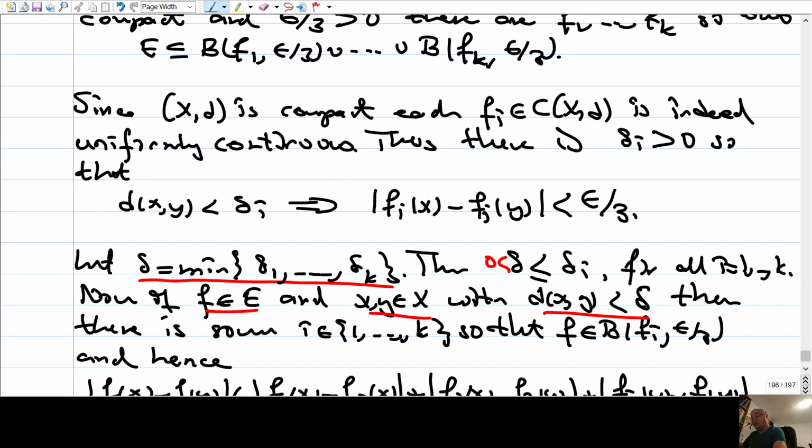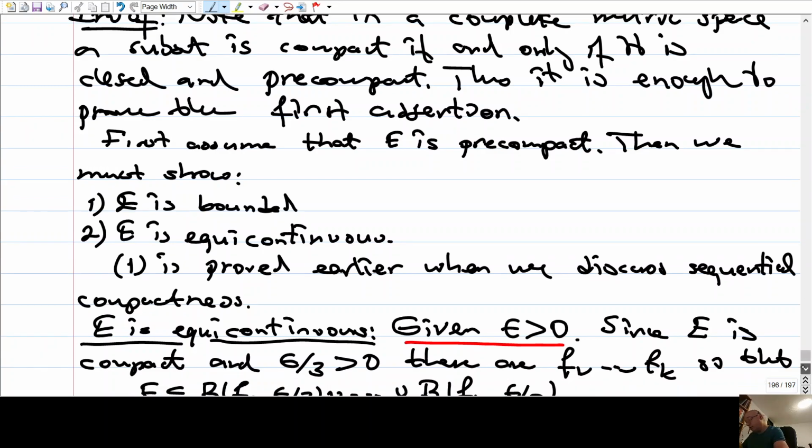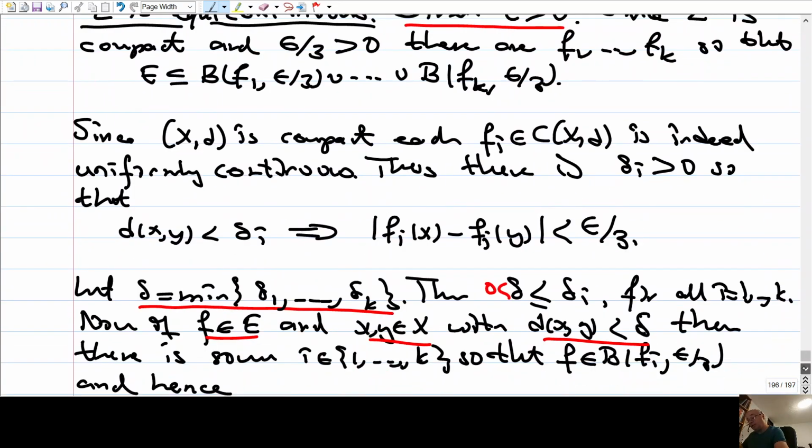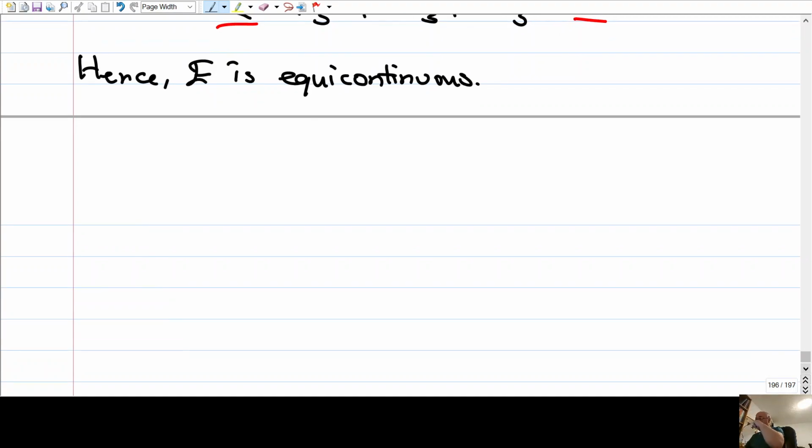So we proved one direction, that if it is pre-compact, then it is bounded and equicontinuous. Now we have to prove the other direction. So let's start proving the other direction.